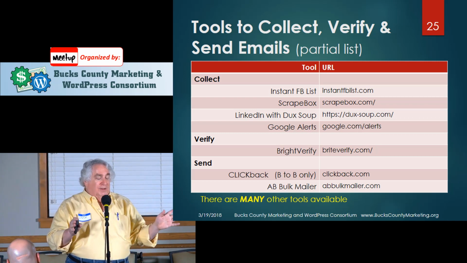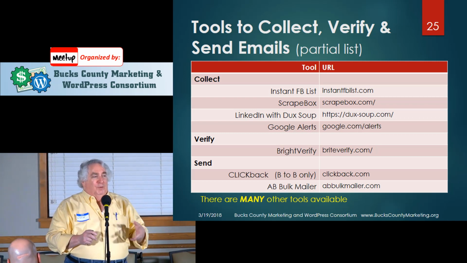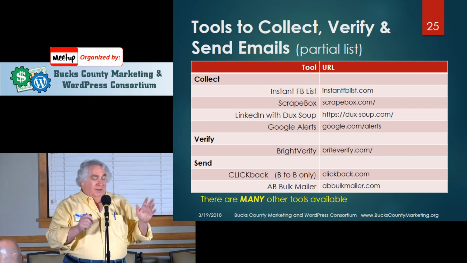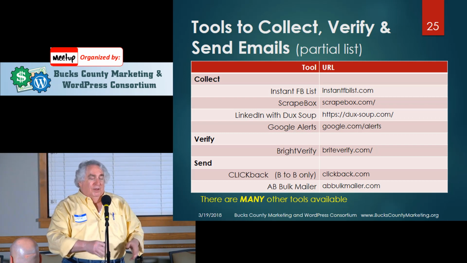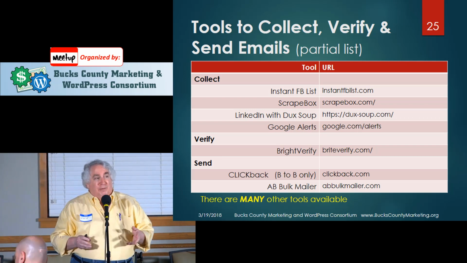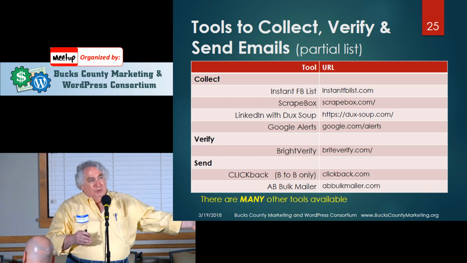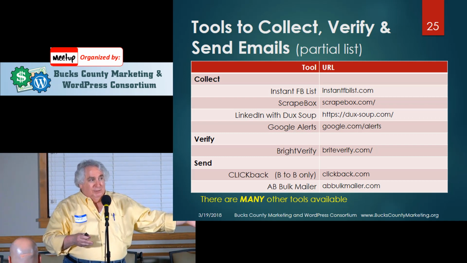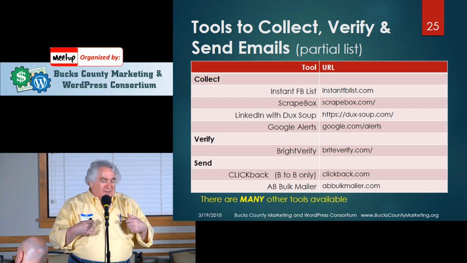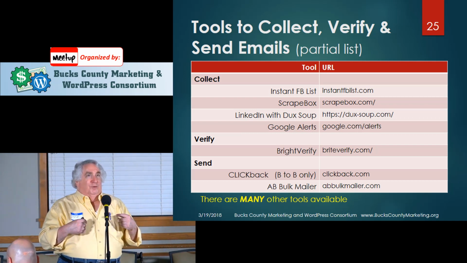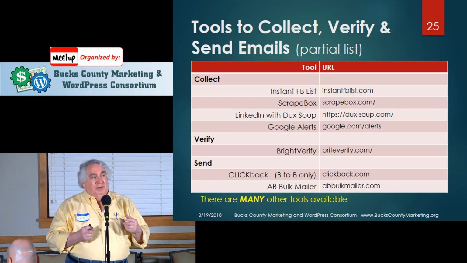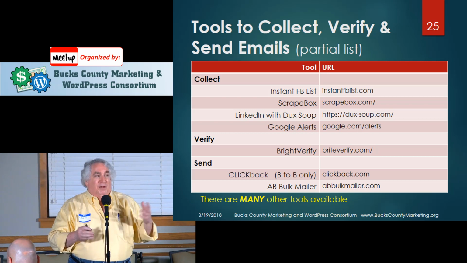It's a perfectly valid thing to do if you're willing to wait 6 months to a year to build a significant enough list. Perfectly okay. Or you can use some of these methods, get your business started, get some revenue coming in, and then switch over to the so-called organic list building technique. So I've been a business owner for 37 some years, and if I want to start something, I want to get it started quick. I don't want to have to wait 6 months.